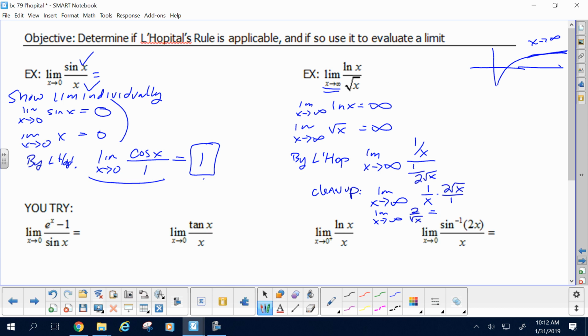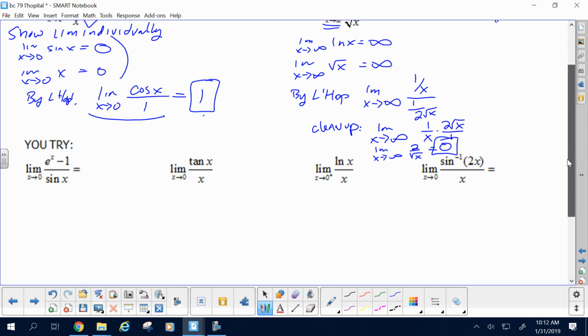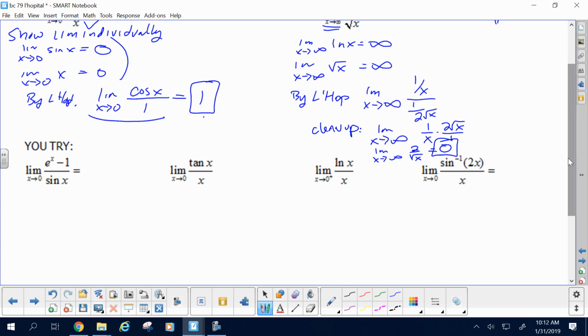Okay. As x gets large, where does that approach? 2 divided by a huge positive is 0. Now, if I were to interpret that, that means the bottom must have grown much faster than the top, and it caused it to go to 0. All right? Do you feel like you understand enough to try this yourself, or try one more?